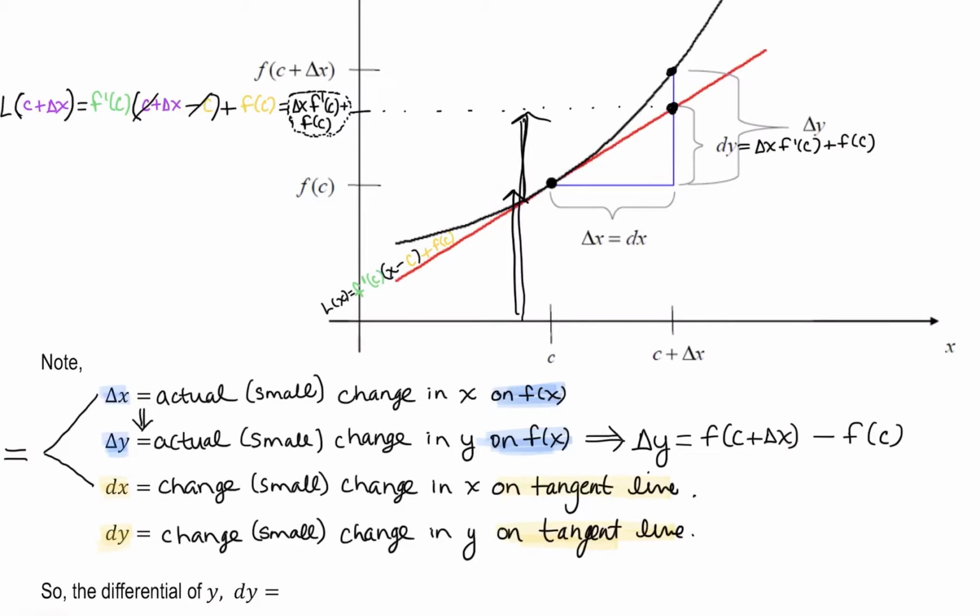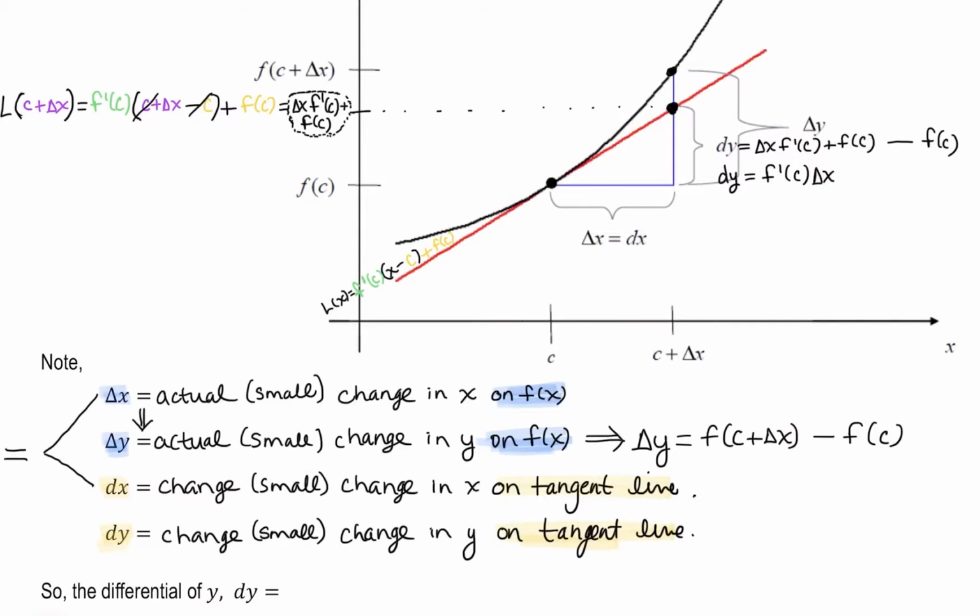So then we're left with just this height, the dy that we're looking for. So now I'm subtracting off the f of c. All right, so when I do that, of course, we can see that our f of c's are going to reduce. And so what we get is, I'm just going to change the order of my multiplication here, f prime of c delta x, and the f of c's have become 0. So this is my dy.